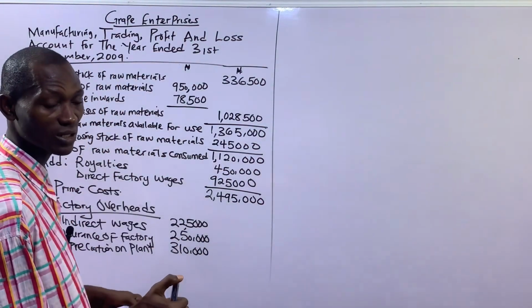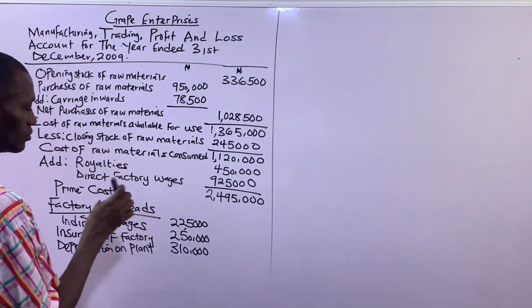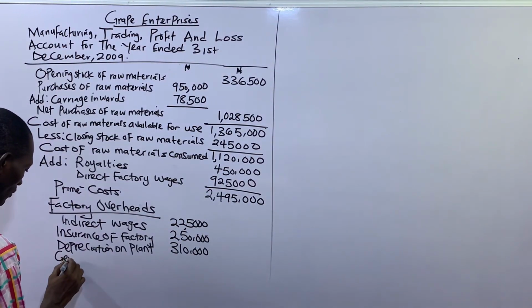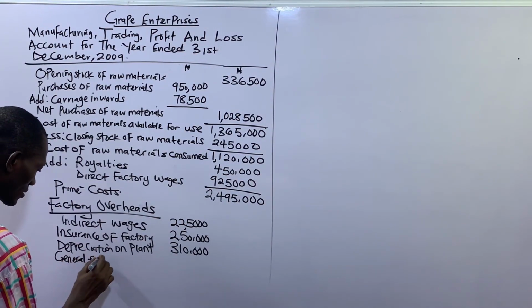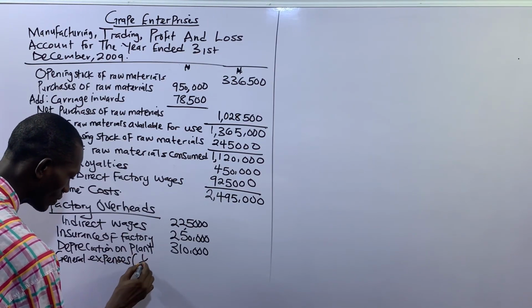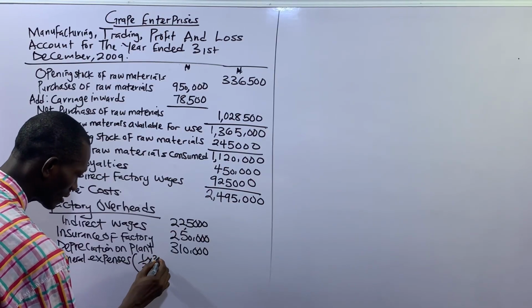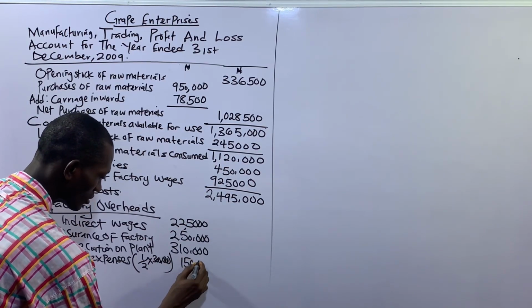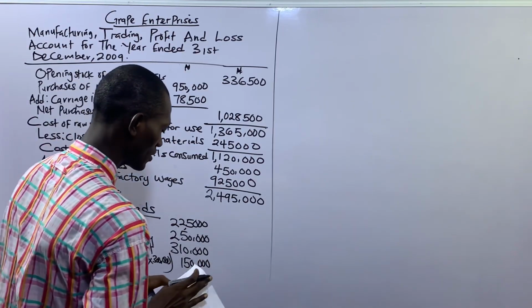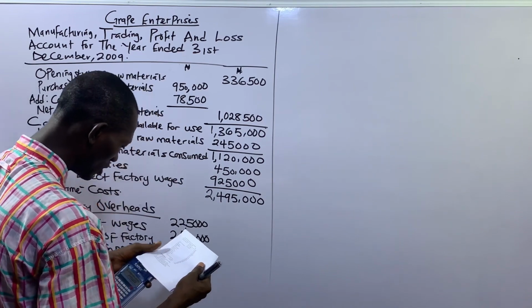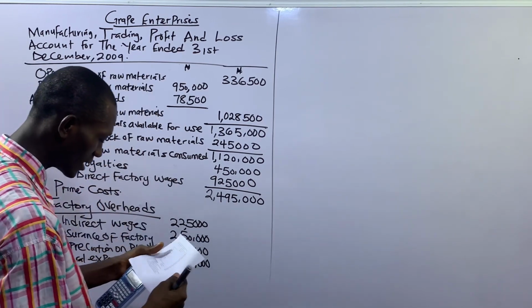So half of that 300,000, which is 150,000, will be charged to the factory overhead.